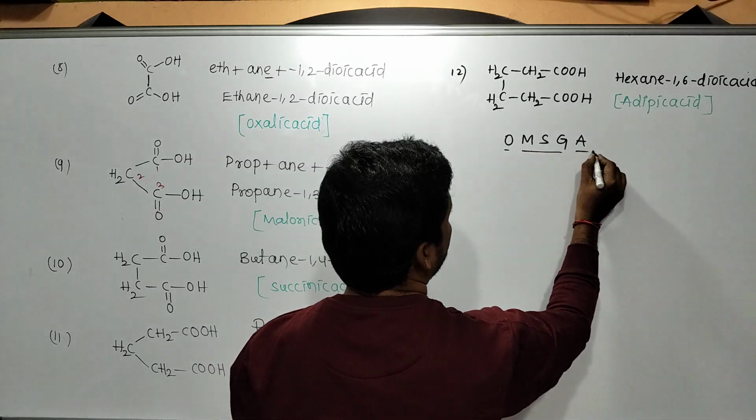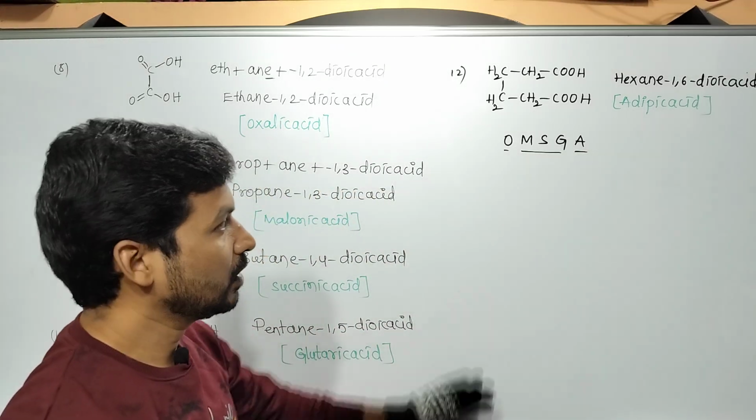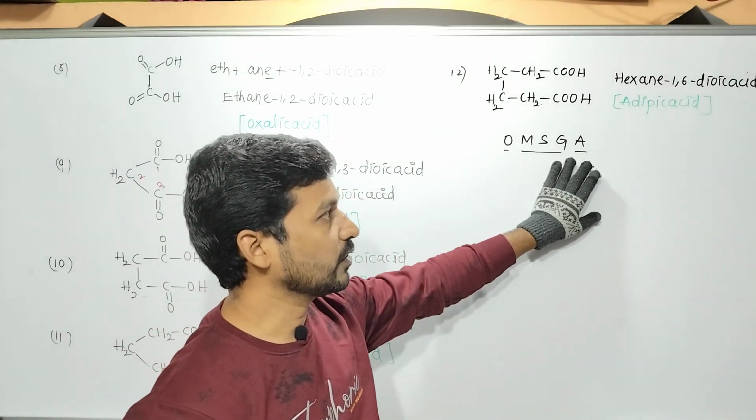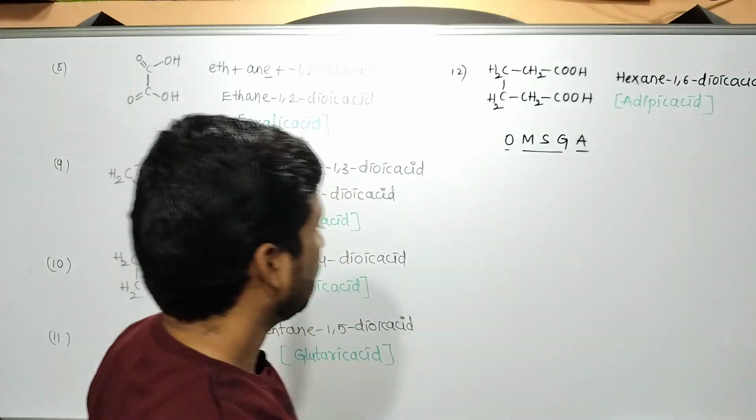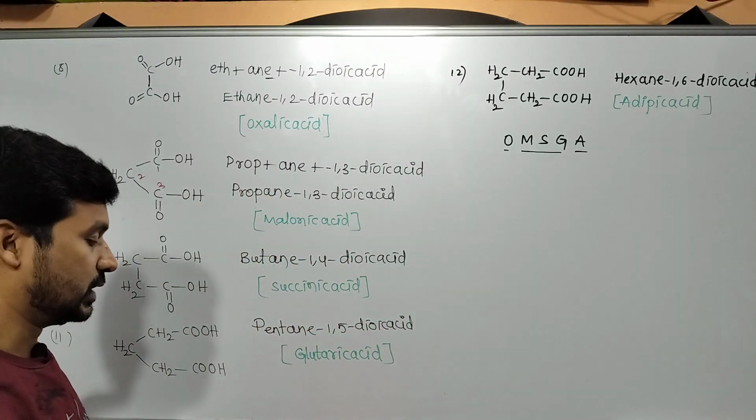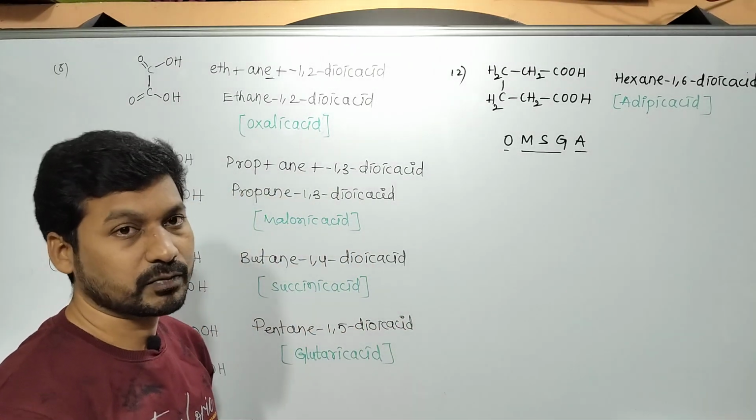OMSGA, remember like that. These are different carboxylic acids, the IUPAC nomenclature of carboxylic acids.